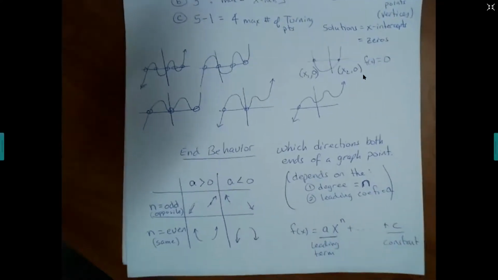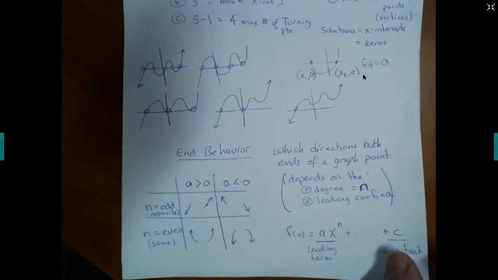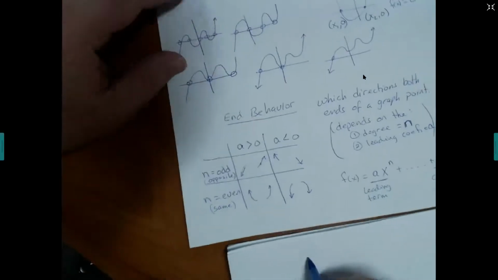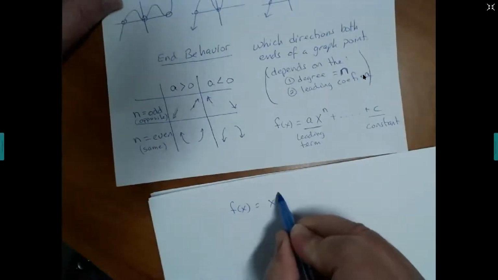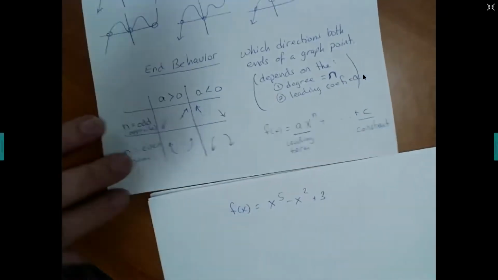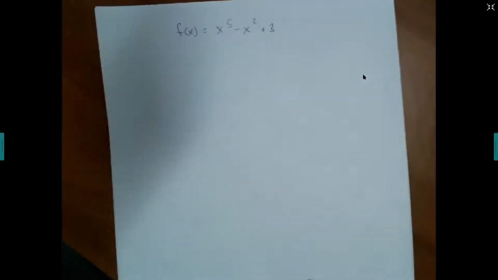So in our first example, what can you tell me about this graph? What's the basic shape of this graph going to look like?